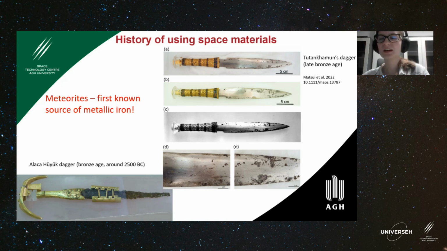It didn't require as high temperatures as iron ore would require. So even in the Bronze Age, so before the Iron Age, there were objects manufactured from meteoritic iron.